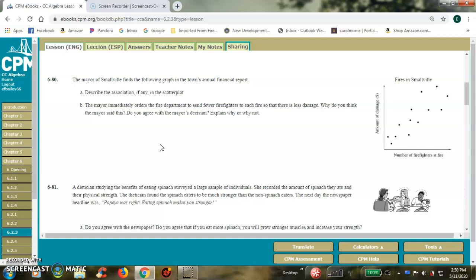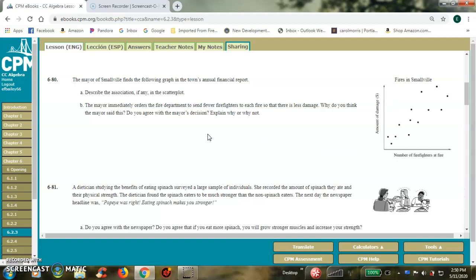So it says here that the mayor of Smallville finds the following graph in the town's annual financial report. If you look over here at the graph, you can see this report shows an association between the number of firefighters at a fire and the amount of damage done. Right?